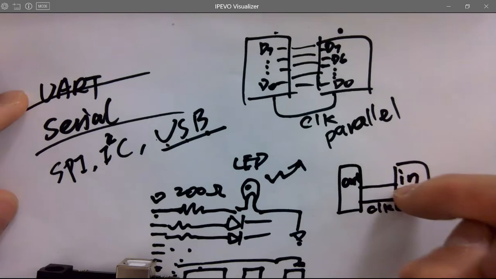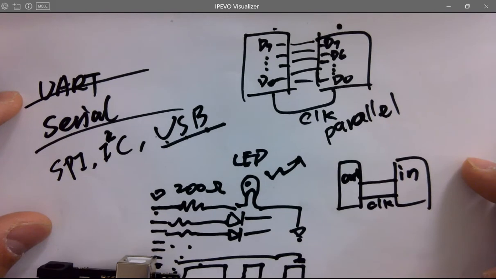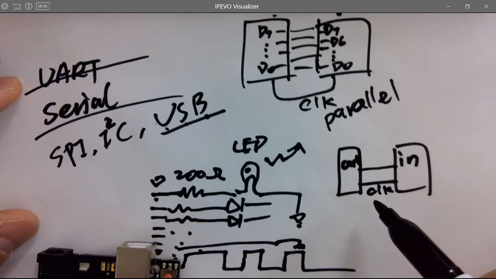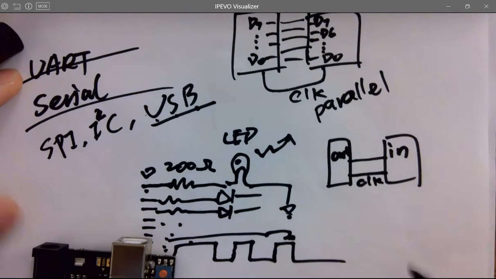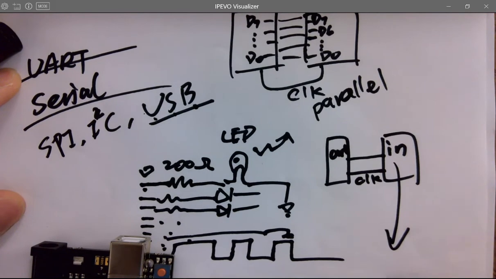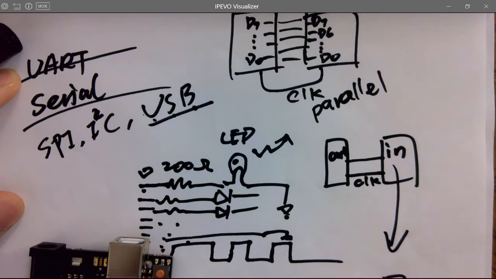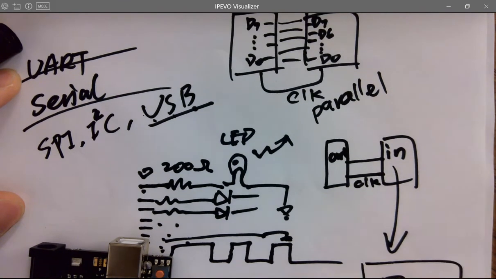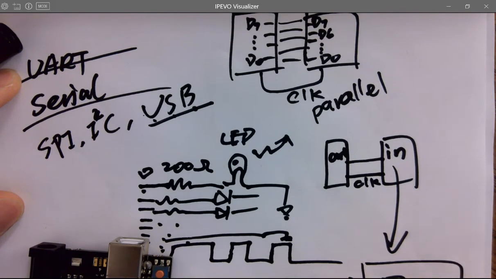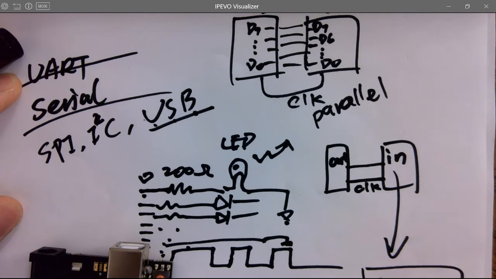How this communicates from here to here has to follow a certain timing diagram. So it's literally inside here. Usually it has a shift register, 8 bits, for example. That's inside this chip. And the serial data will be received by the MSB over here, and it's being shifted down.